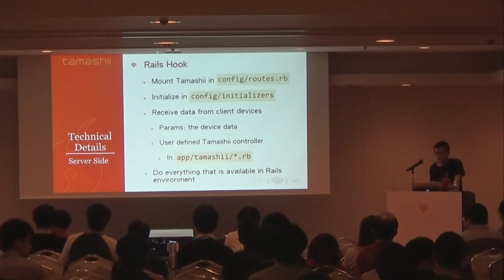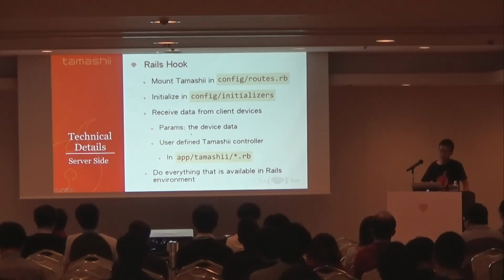The next is the Tamashii Rails hook. The Tamashii Rails hook allows you to receive the traffic from the client devices. After mounting the Tamashii at the config routes.rb and putting some initializer script under config initializers, you can use Tamashii just like the Rails controller.